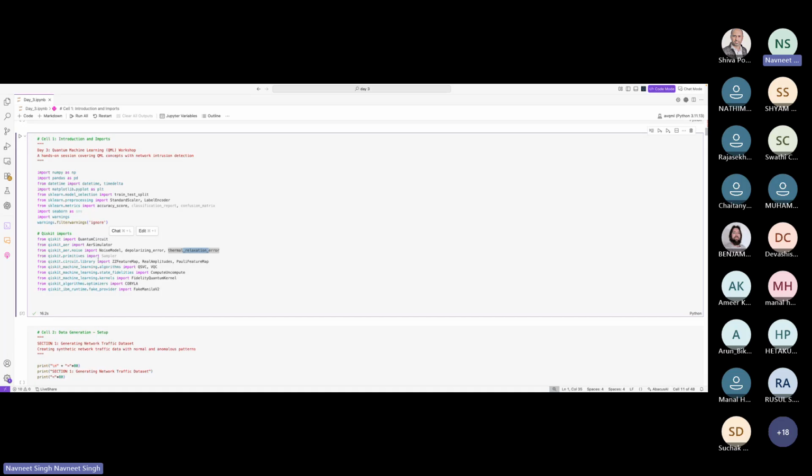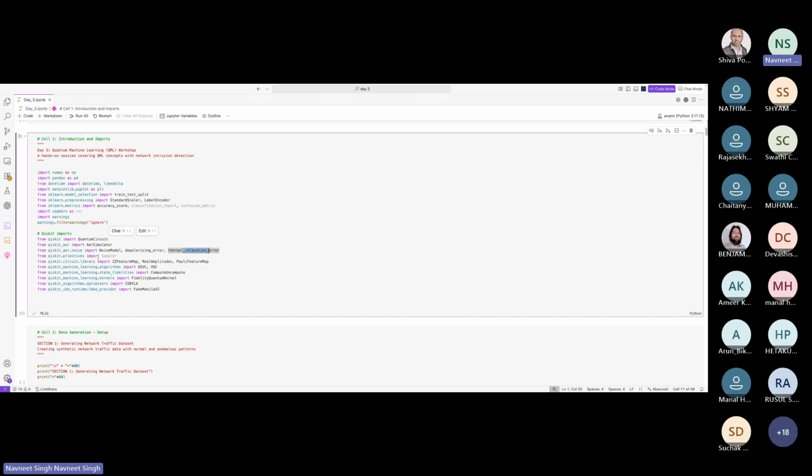So this is used for directly converting your classical data into quantum data, but using some kind of entanglements or rotations. This is how we generally use it nowadays.